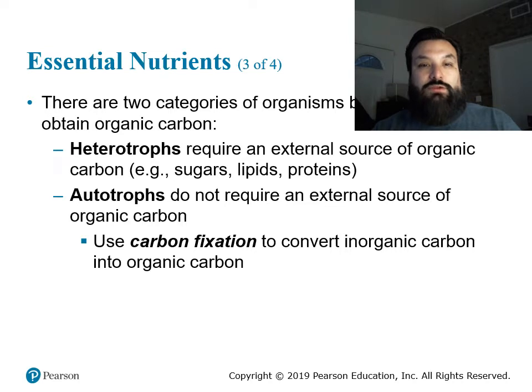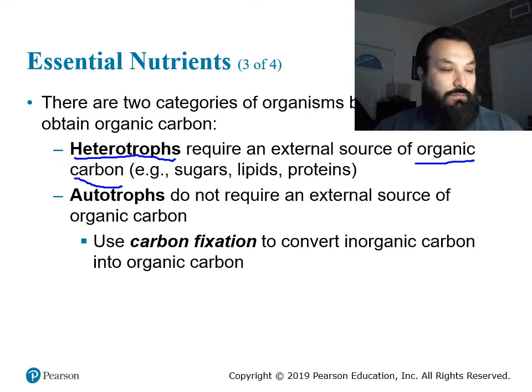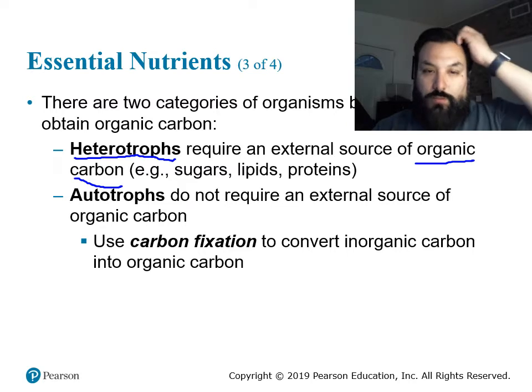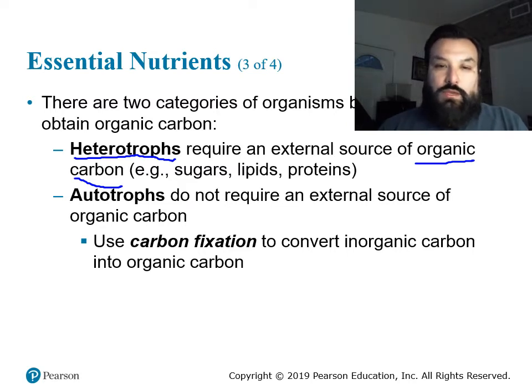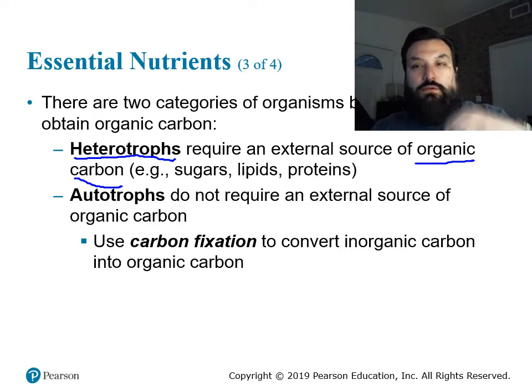And we classify that nutrient based on if it's organic or inorganic, right? So when we use the word heterotroph, they need some sort of an organic carbon, okay? Some sort of an organic carbon, right? Either it's going to be a carbohydrate, a lipid, or a protein, all three of those are organic carbons. They have organic carbon in them.